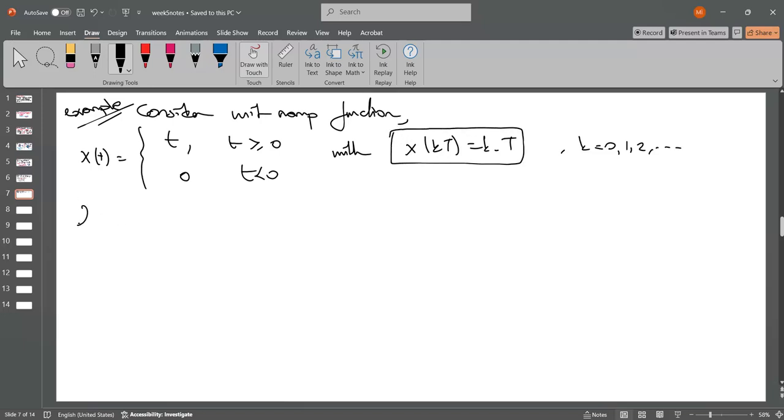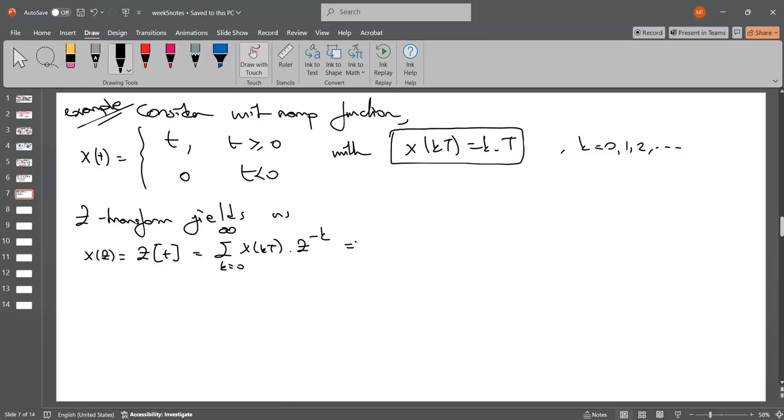And so the Z transform yields X(z), which is equal to the Z transform of the sum from k equals 0 to infinity of x(kT) times z to the power of minus k. And so, because T is a constant, it is kT, which is given here, and the summation over k equals 0 to infinity of k z to the power of minus k.